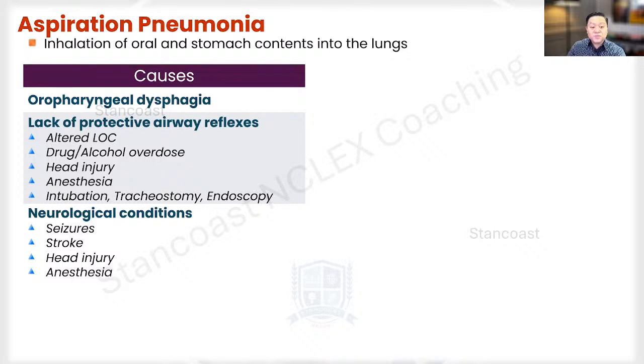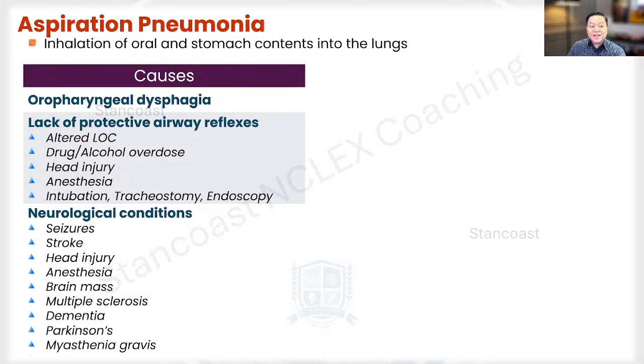These can also contribute significantly to the risk of aspiration pneumonia. Now, for women in their childbearing age, they could undergo some sort of obstetric procedures that require anesthesia or, let's say, the lithotomy position. Then they are also going to be at risk.